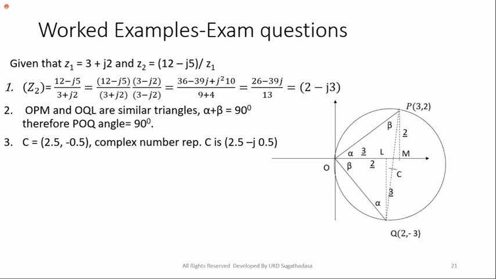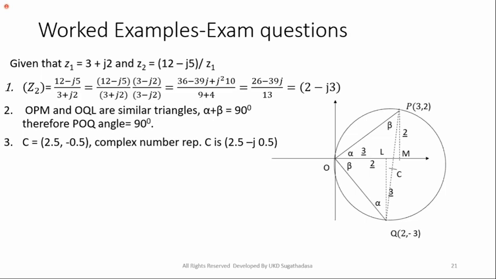So, what would be the diameter? PQ is the diameter, because if the angle POQ is 90 degrees, PQ becomes a diameter. Remember, simple geometry. I assume you have this knowledge, right?